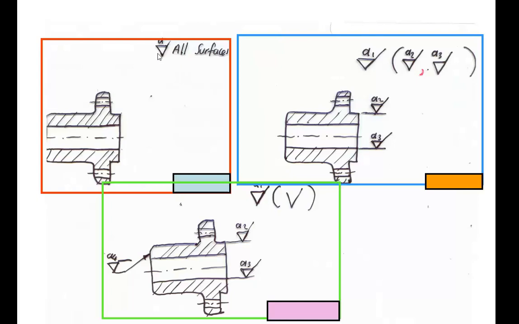It says that for all the surfaces of the object, the surface quality is as shown here with the symbol. If some specified surfaces have their own roughness values shown on the technical drawing, then use this format. In the parentheses, put the finishing symbol, preceded by the roughness symbol, to say that except the indicated surfaces, for all the other surfaces, the roughness value is equal to that much.